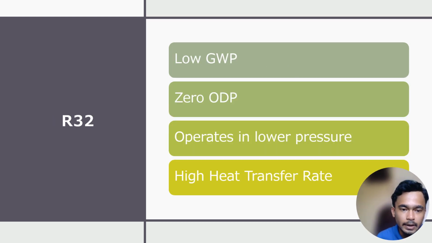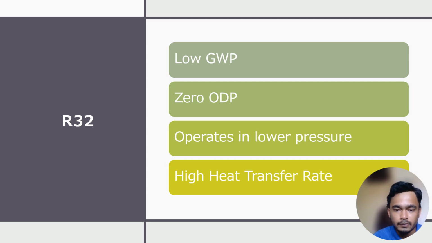So for the final slide of my presentation, it is regarding the R32 refrigerant. It has low GWP and zero ODP, meaning that it will have less impact towards the environment, especially global warming and also ozone depletion.